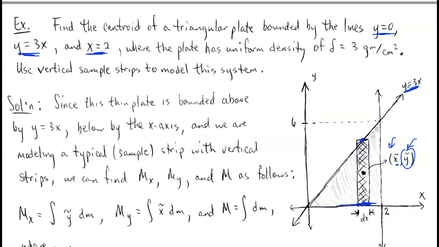And from that, we can put it all together and figure out that dm is just going to be the density times the differential area. That differential area is just going to be the length of the strip, which is this 3x here, and the width of the strip, which is dx.